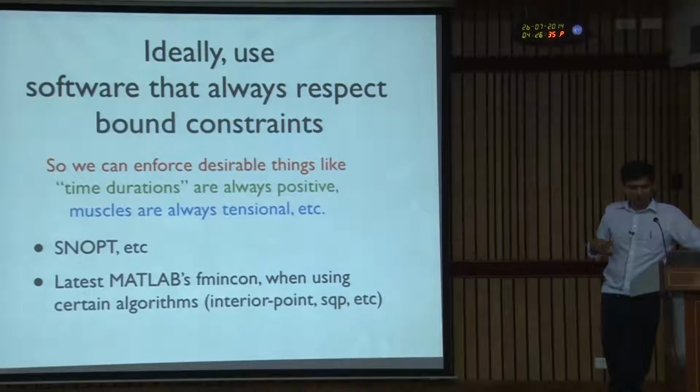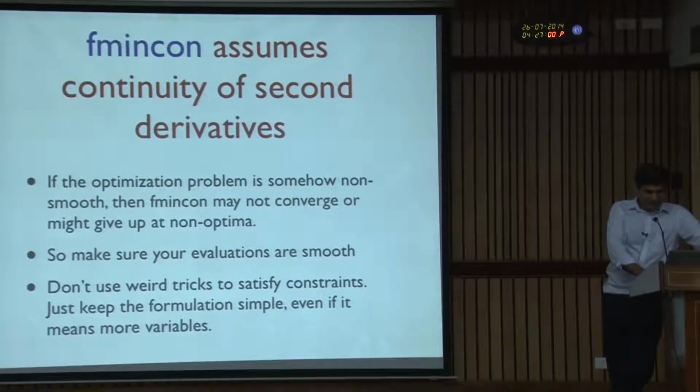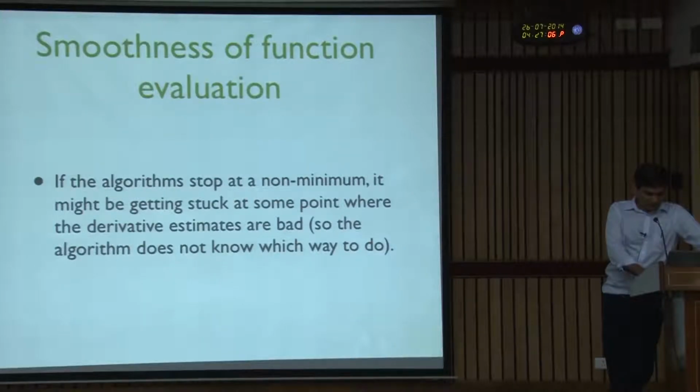Maybe you want to be bounded away from it. And if you can express that as a simple bound on the variables and the optimization respects that simple bound every step, that's a good thing, because you don't want the optimizer to crash the function evaluation. If you think it does, then you want to make sure that it doesn't, I guess. And this is what I said, it assumes second derivative, so you want to make sure you do satisfy that assumption.